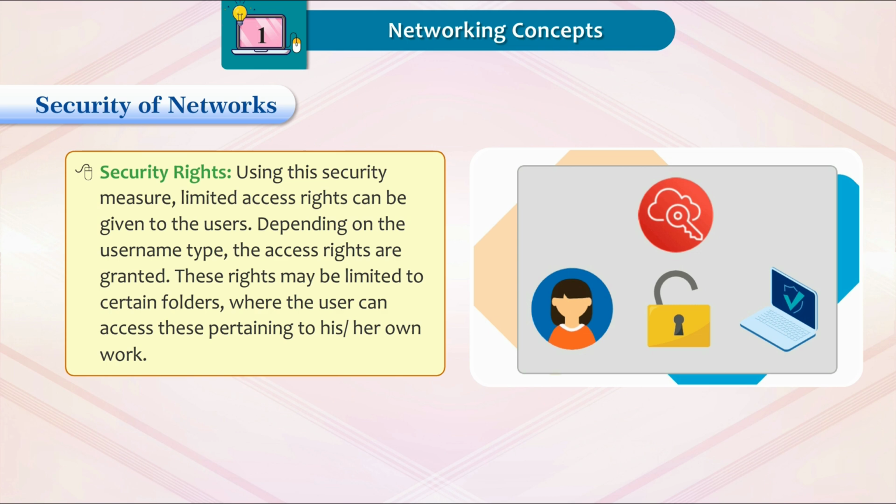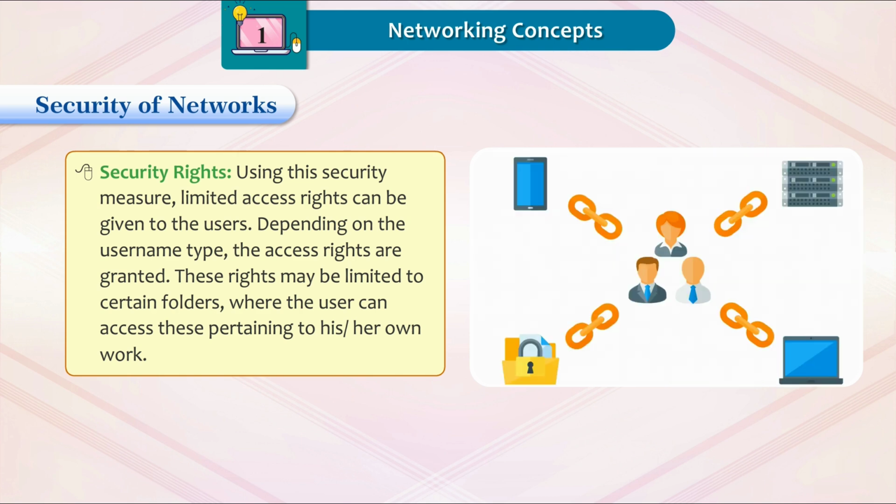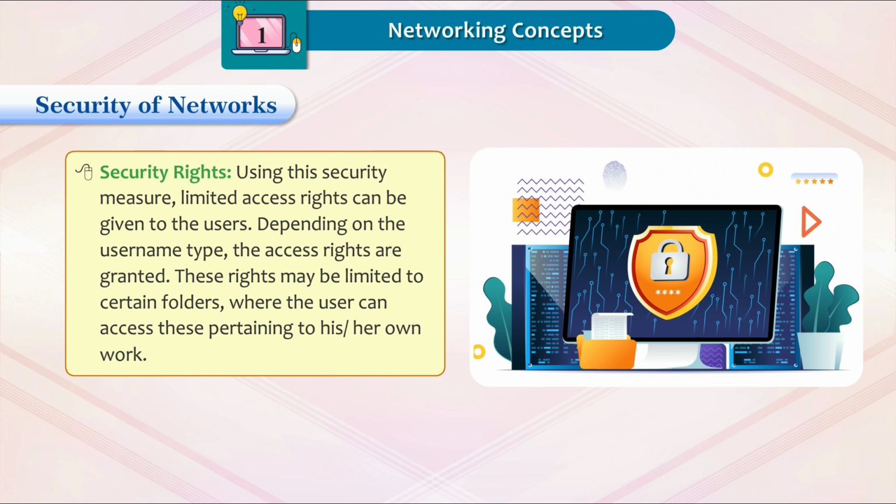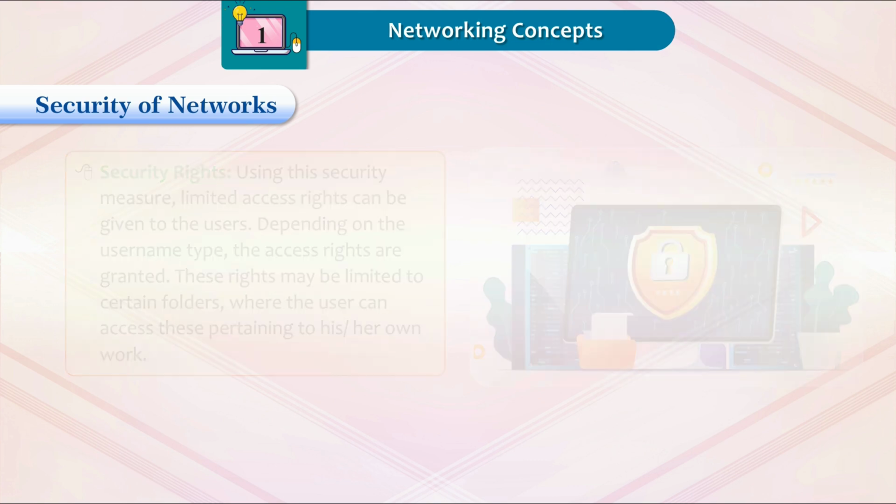Security rights. Using this security measure, limited access rights can be given to the users. Depending on the username type, the access rights are granted. These rights may be limited to certain folders where the user can access those pertaining to his or her own work.